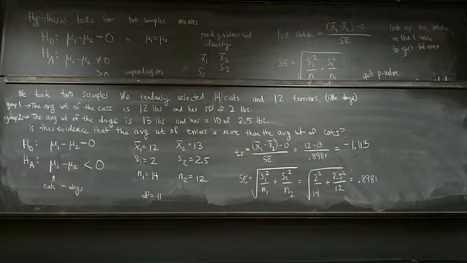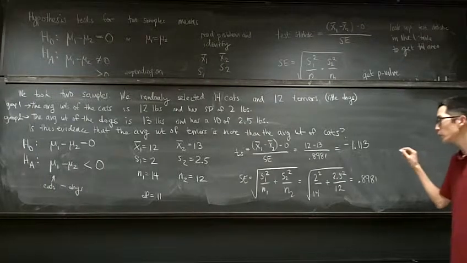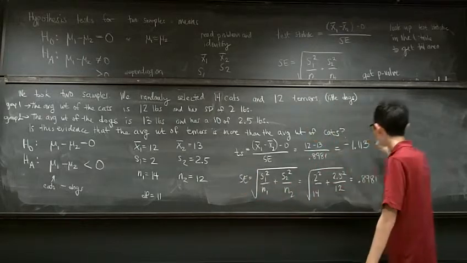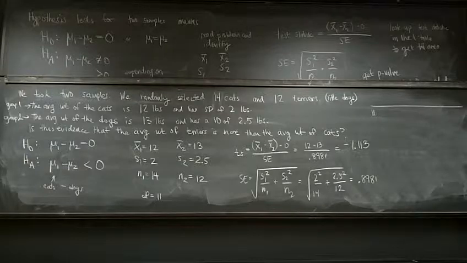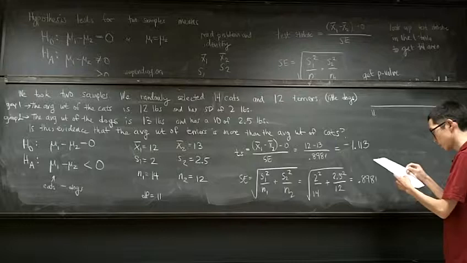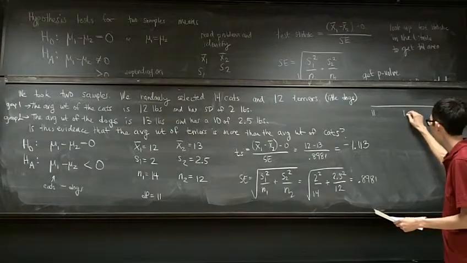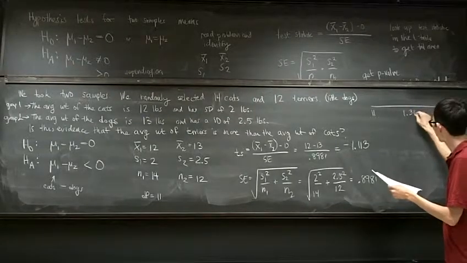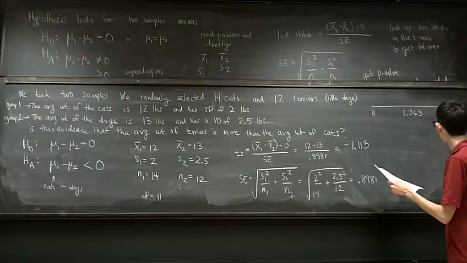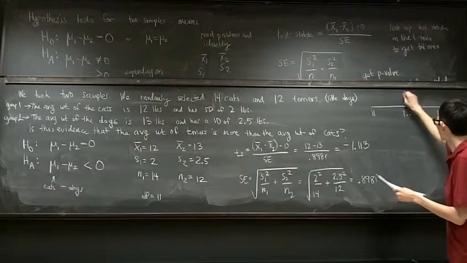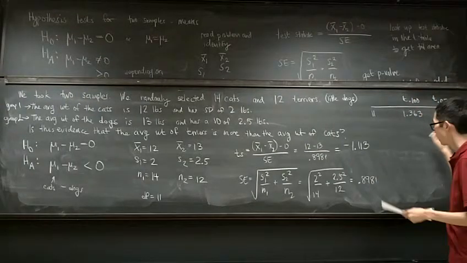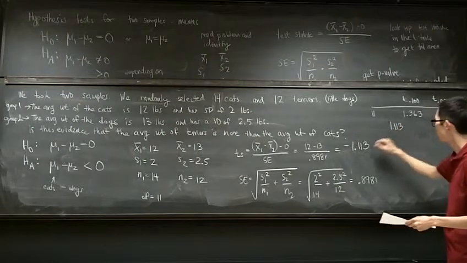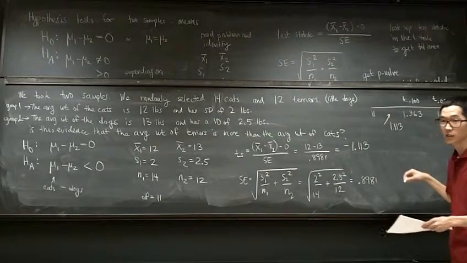Alright, so we go to our t-table and look up the row for 11 degrees of freedom, and I'm looking for the test statistic 1.113. The very first number is 1.363, and the next number is 1.796. These correspond to t 0.100 and t 0.050. So 1.113, ignoring the negative, goes right here.